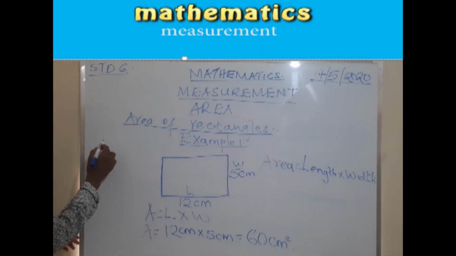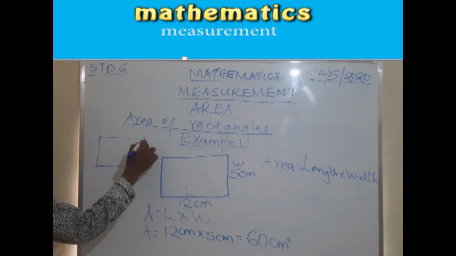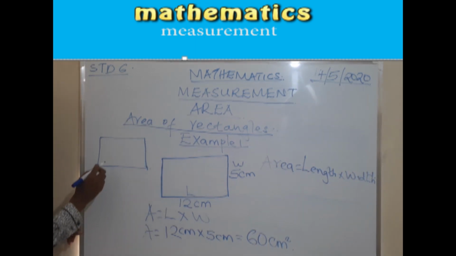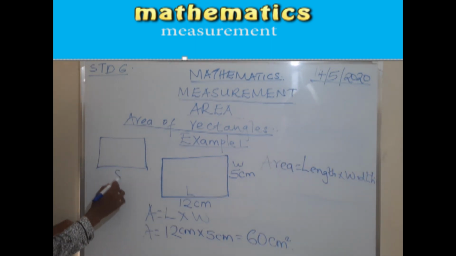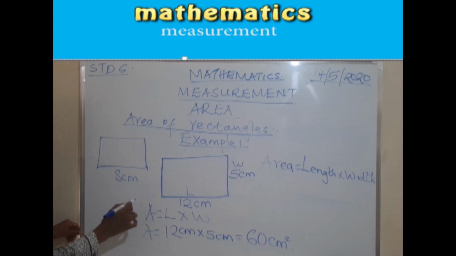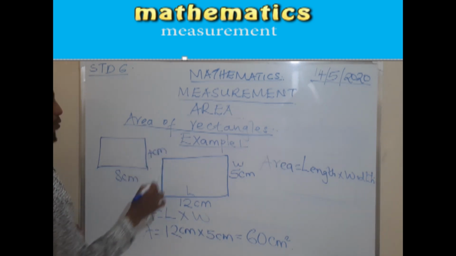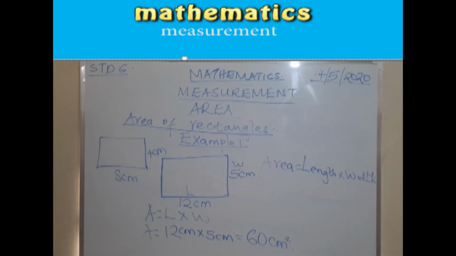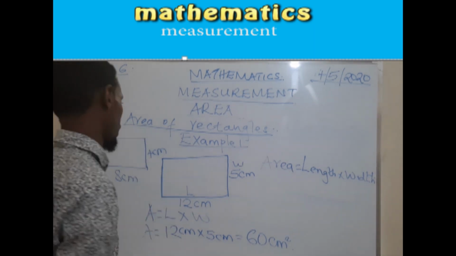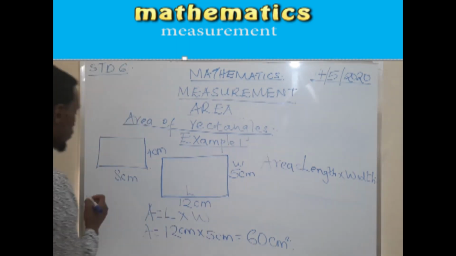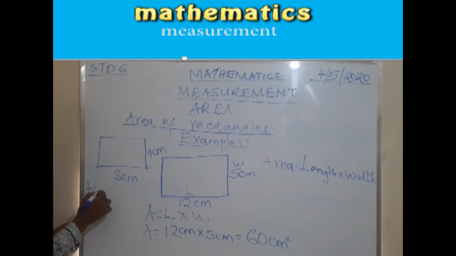If I give another example here, this is a rectangle whereby we have 8 centimeters as the length and we have 4 centimeters as the width. You want to find the area of that shape. Remember, we said the first thing that comes to your mind is the formula, and the formula is area is equals to length times width.